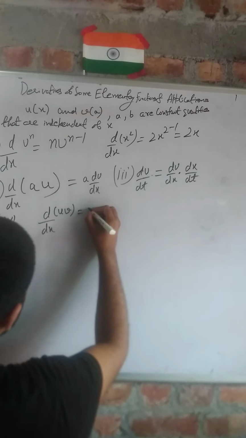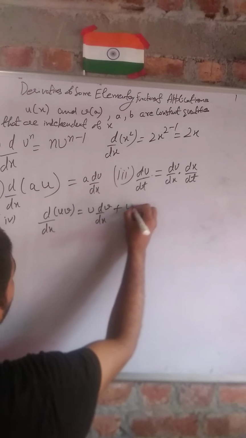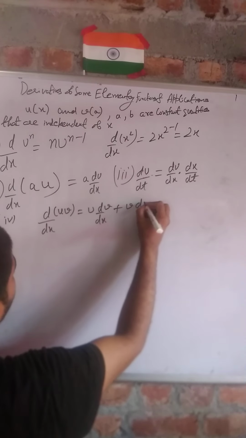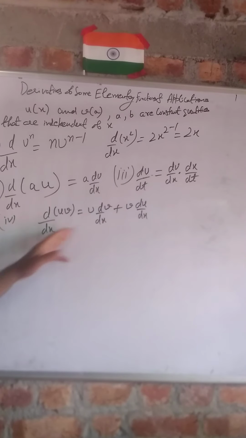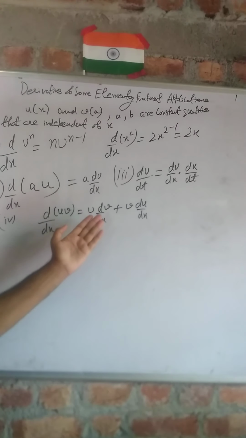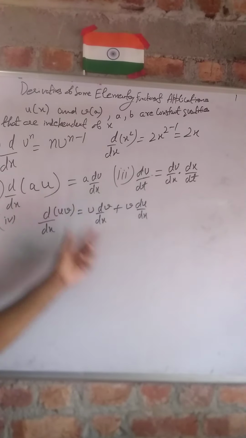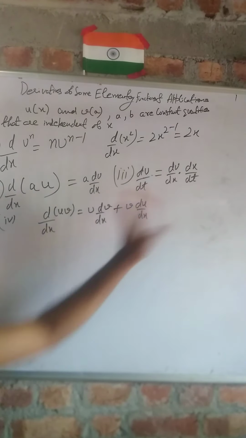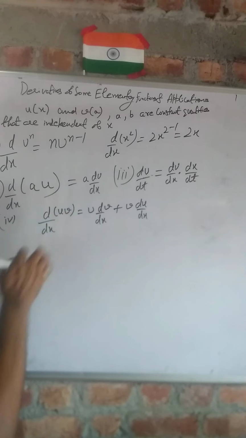This will be u d by dx of v plus v du by dx. It means if you have two functions u and v, you take the first function out of the differentiation and differentiate the second, then take the second function out of the differentiation and differentiate the first. These are all algebraic functions. So this is the product formula.